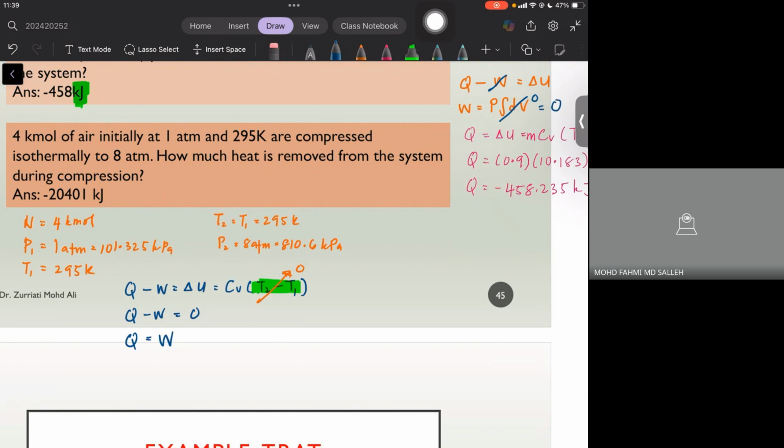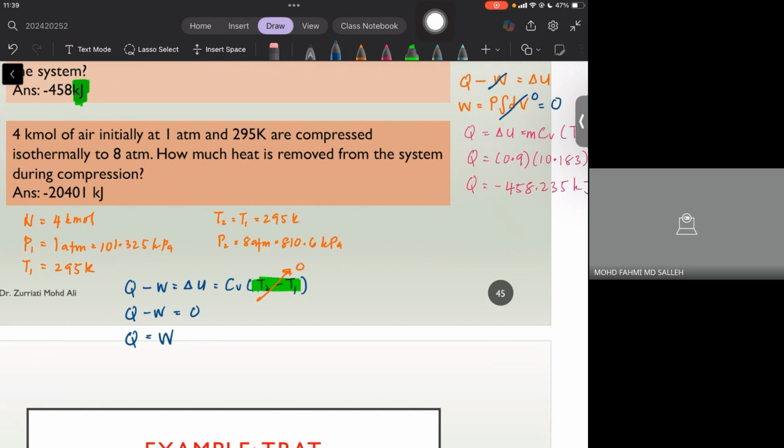The work is given by P1 V1 ln of V2 over V1.